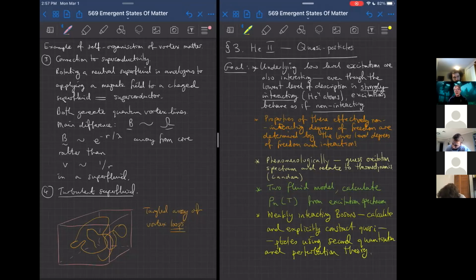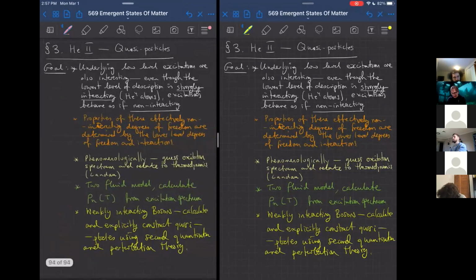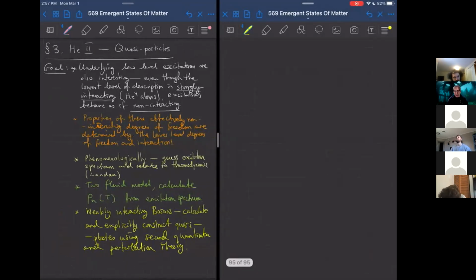So there's a lot of stuff here, but everything that we're going to learn in this section is basically what you do all the time in every condensed matter system. So let's talk about the excitation spectrum. So let's start with section 3.1.